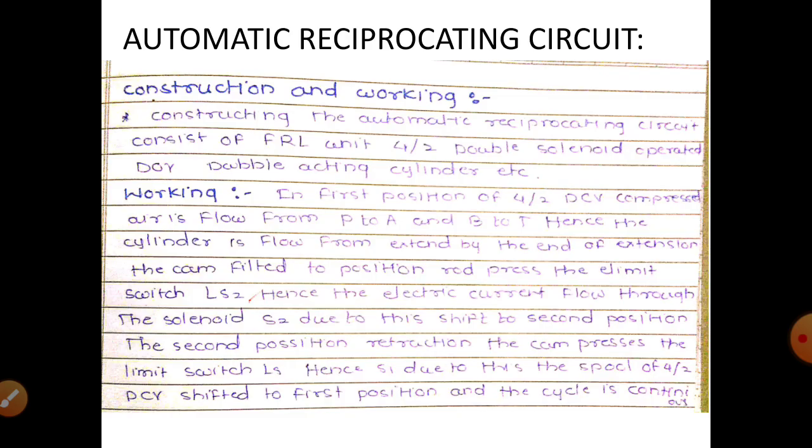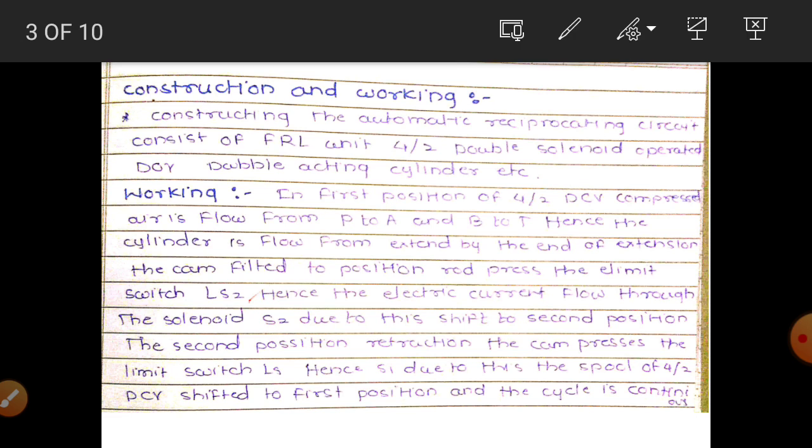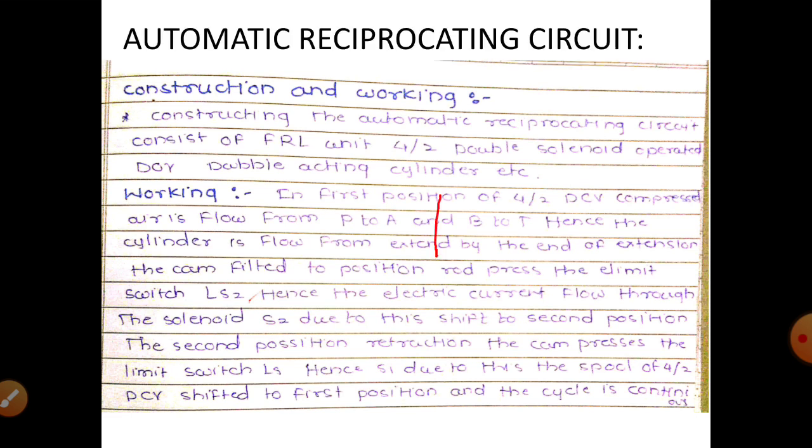So the first one is the automatic reciprocating circuit. In construction and working, firstly we discuss the construction of the automatic reciprocating circuit.